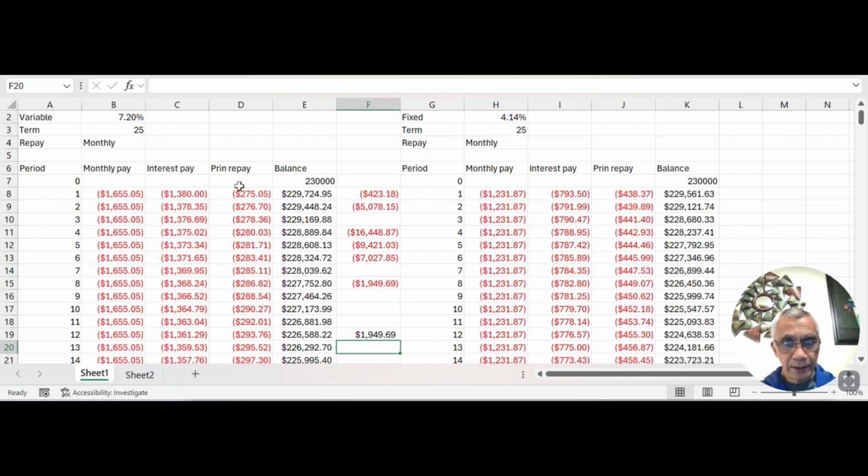So what does this tell us? The difference between 7.2% and 4.14% interest in a year would amount to 7,000, the total of the two. 5,078 plus 1,949 is 7,000 some, $7,000.